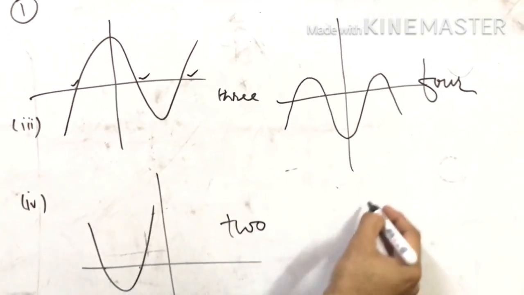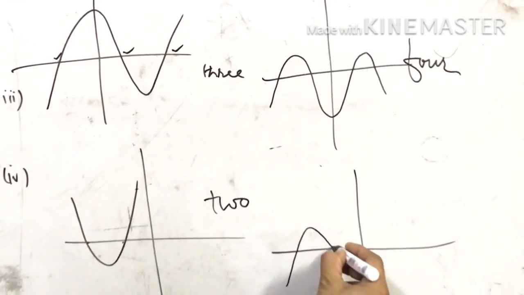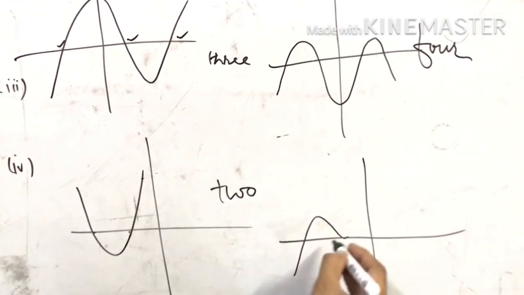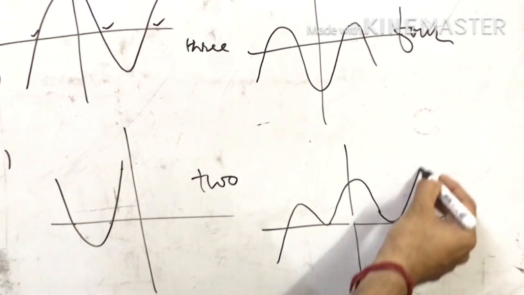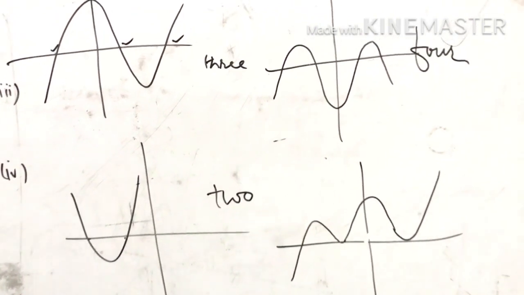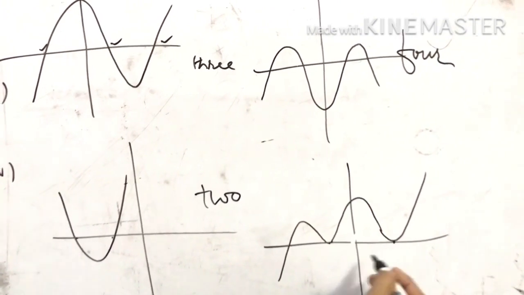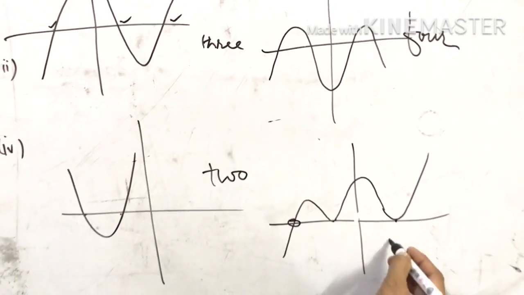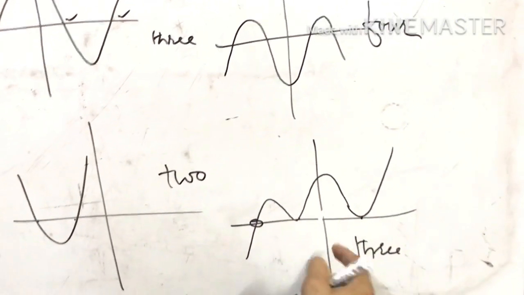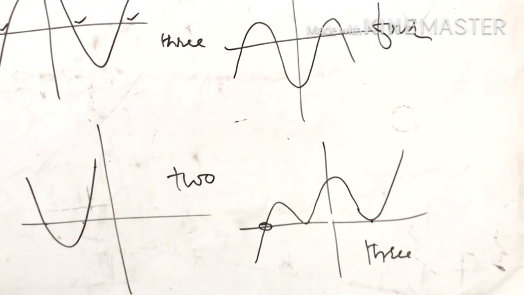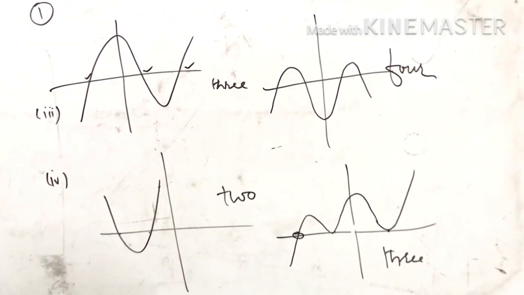And the sixth part is, it is only 1 point where it is touching, 1 point here, 1 point here and 1 point here. So how many points are there? There are 3 points where this graph is meeting the x-axis, so there will be 3 zeros. So with the help of the example, you can easily do this exercise number 2.1.